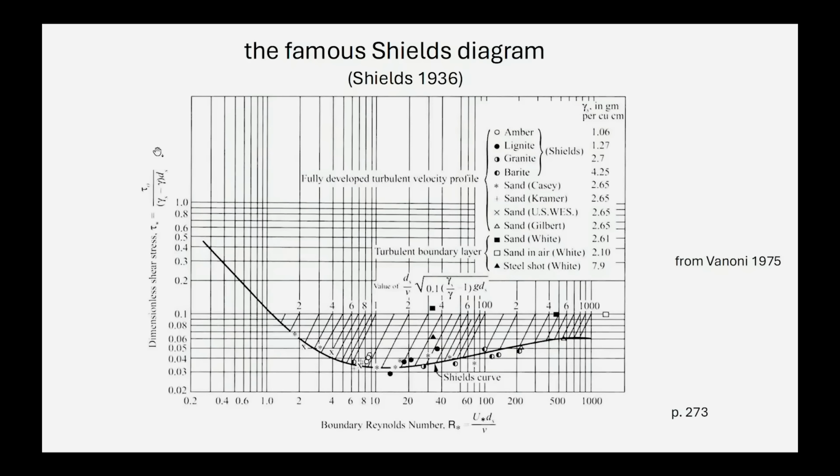But he extended the curve up to very small boundary Reynolds numbers, that is small particles. And it climbs without any data in there. Fine particles tend to be cohesive because with large particles, any cohesive forces between them, electrostatic cohesive forces, are negligible.